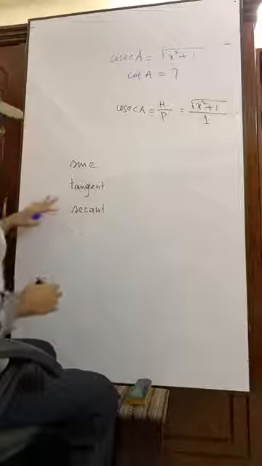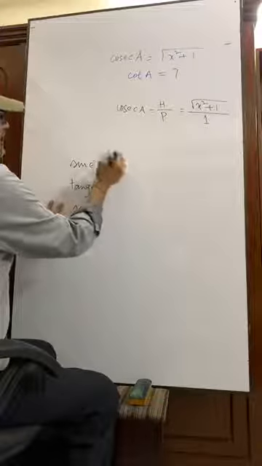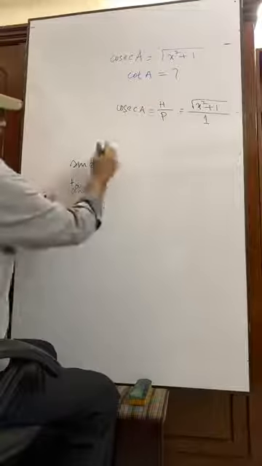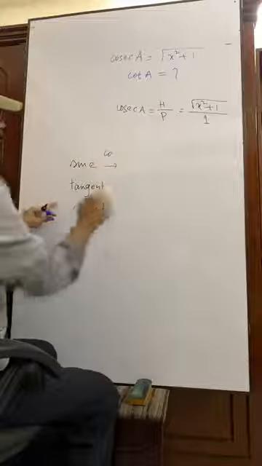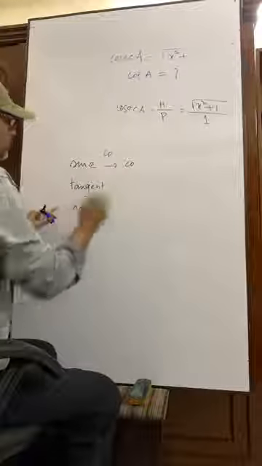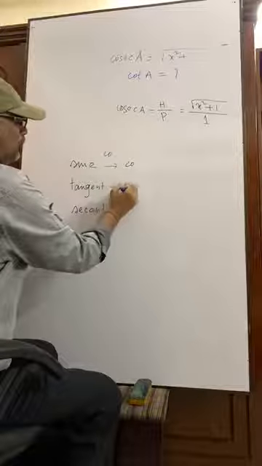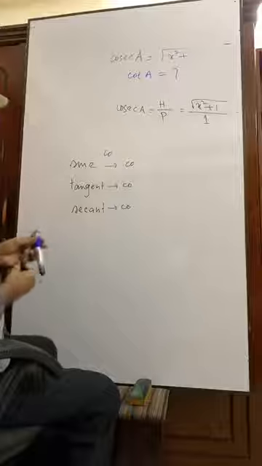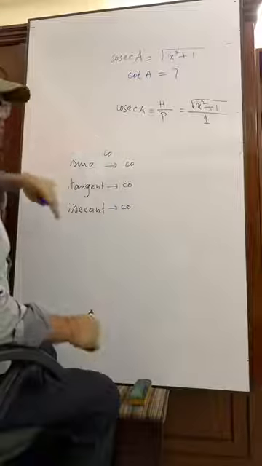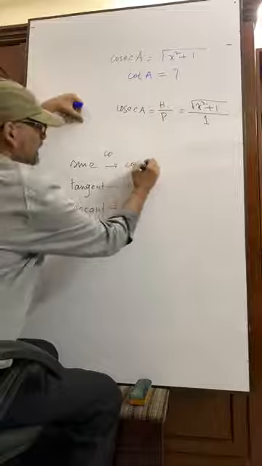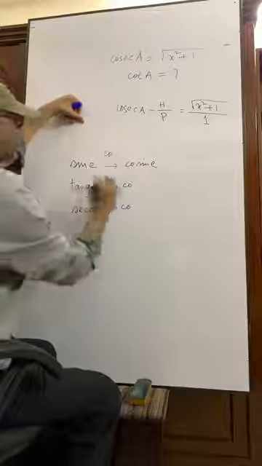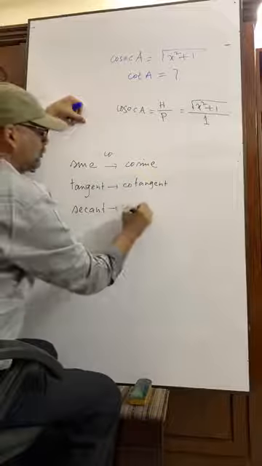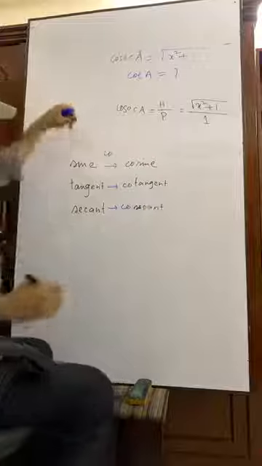Afterwards, we add a prefix co. So we are going to add co as a prefix. So we are getting cosine, here cotangent, and here cosecant.